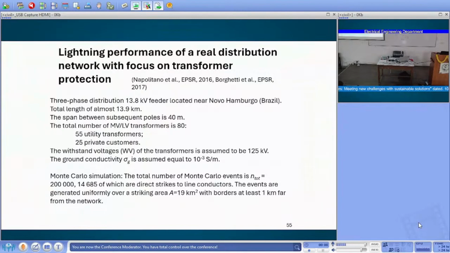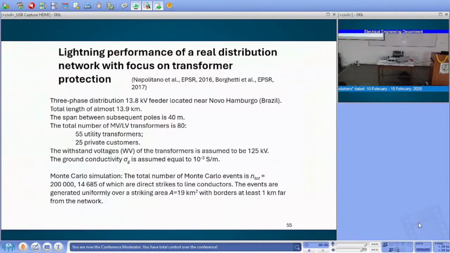So we can have a statistics of the energy associated with the intervention of the surge arrestor. So the higher the energy, probably the higher is the probability that one of the surge arrestors will fail.